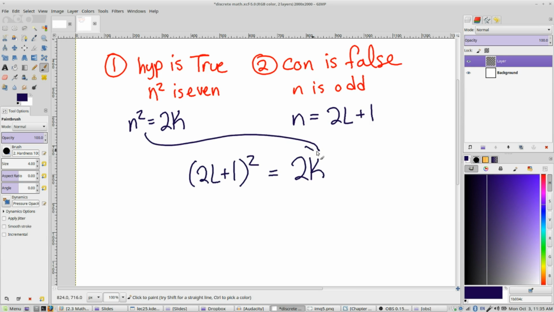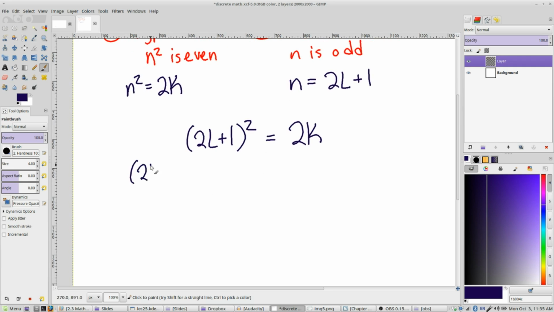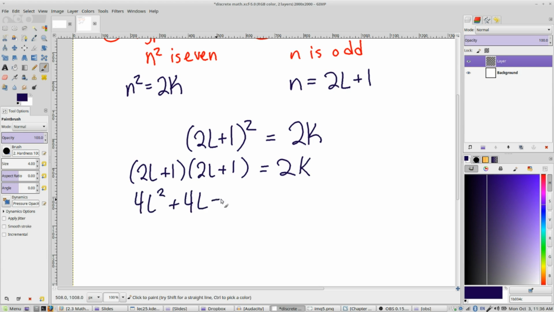So, n squared should be equal to n squared. And then we just compute it out from there. So we have 2l plus 1, 2l plus 1 equals 2k. 4l squared plus 4l plus 1 equals 2k.